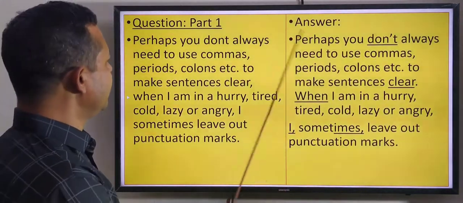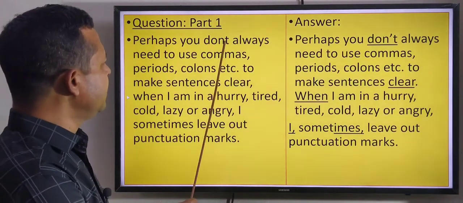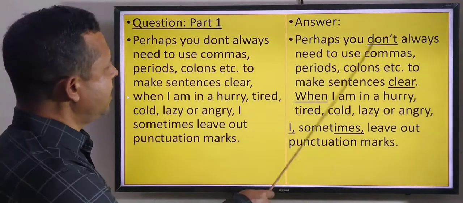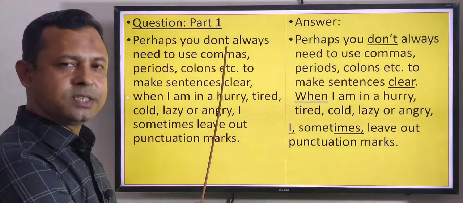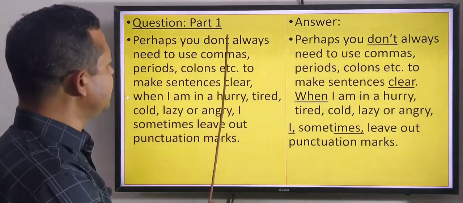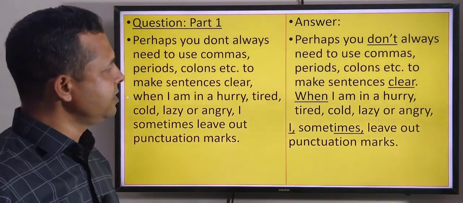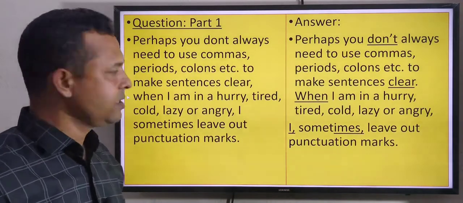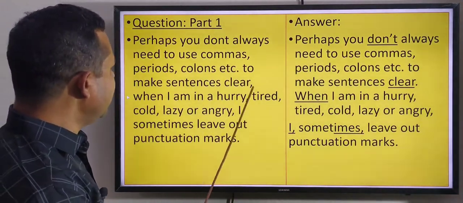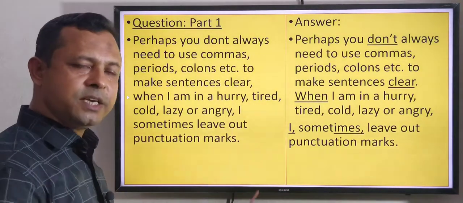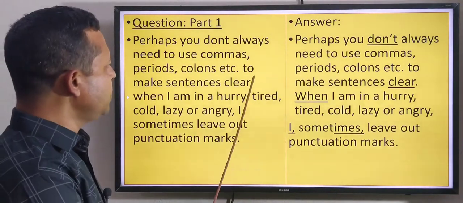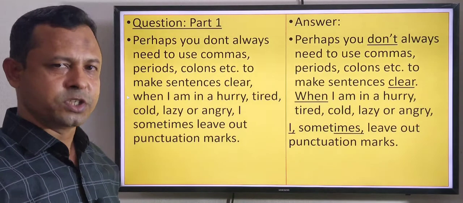See here, don't. There should be an apostrophe, but here it is absent. We use don't as a contraction, but there is no apostrophe in the original. In the answer there must be one, and I have used it and underlined it. And "clear", the sentence ends here. So you have to use a full stop here.